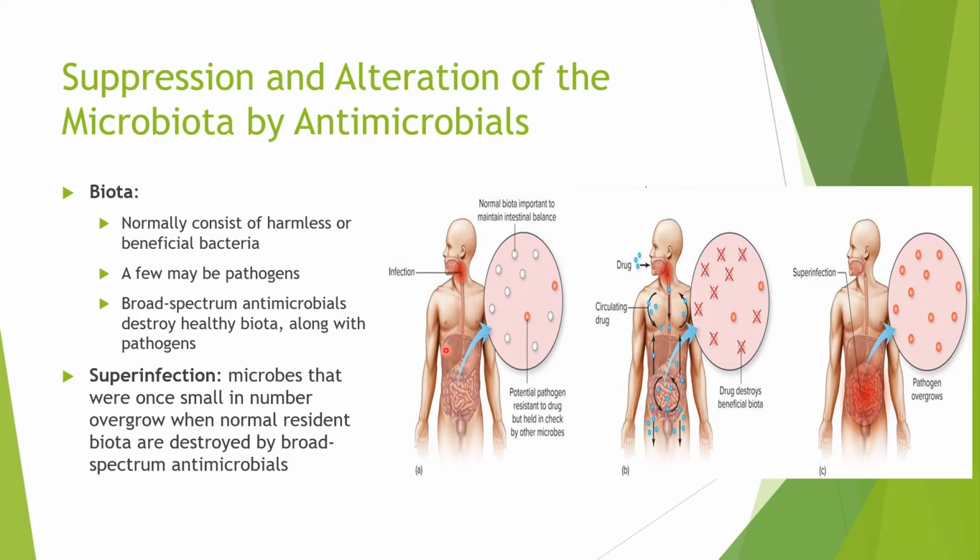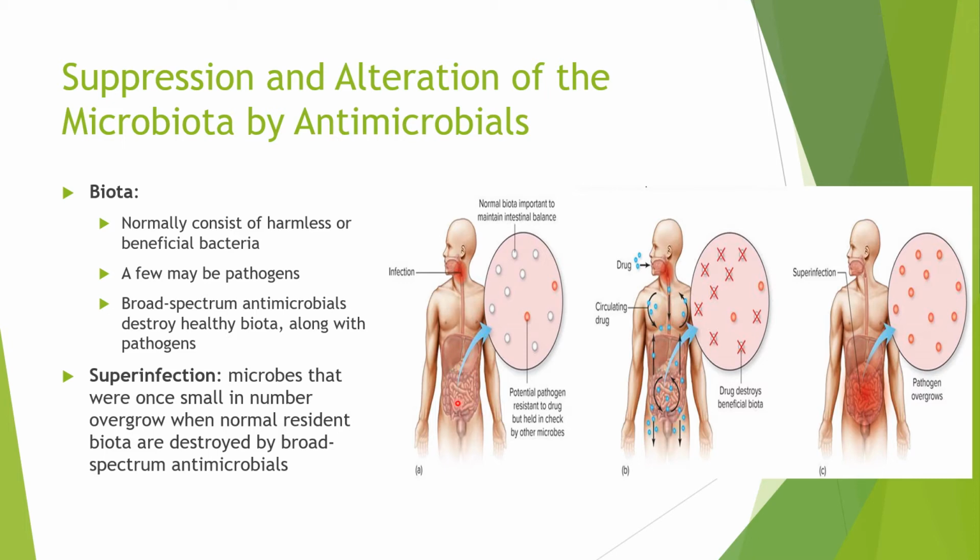Let's take a look at this slide right here and explain what's happening. We know that we have our natural normal biota, or you can refer to it as your normal flora. That means that inside of us we do have bacteria, and they are part of our normal flora.